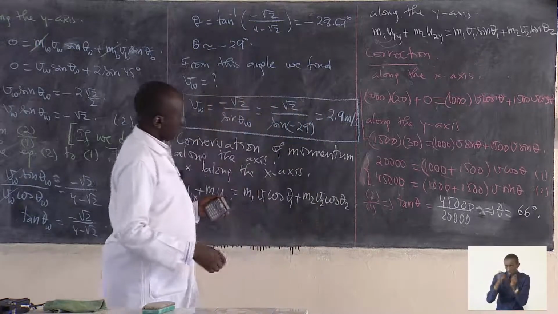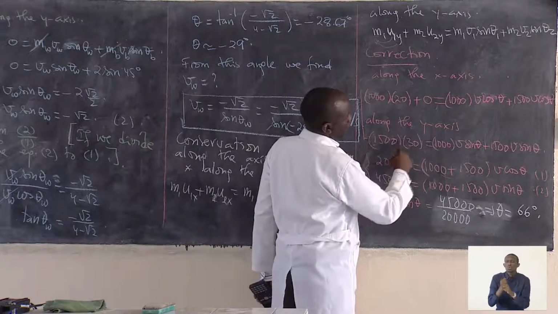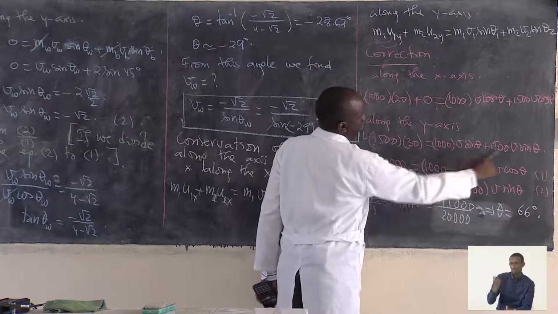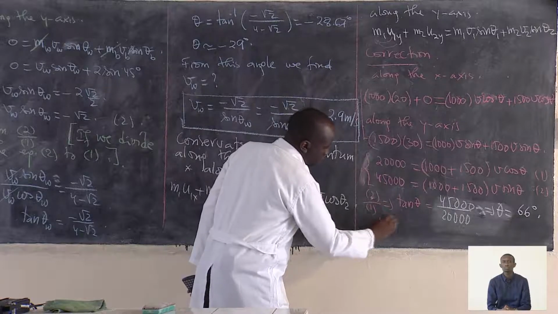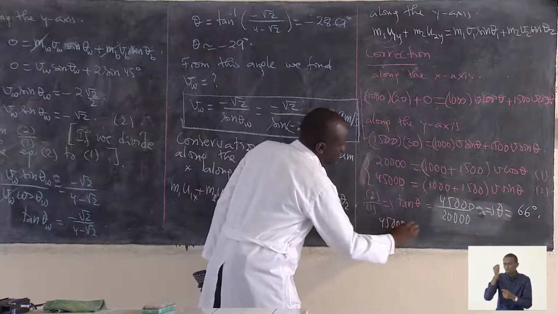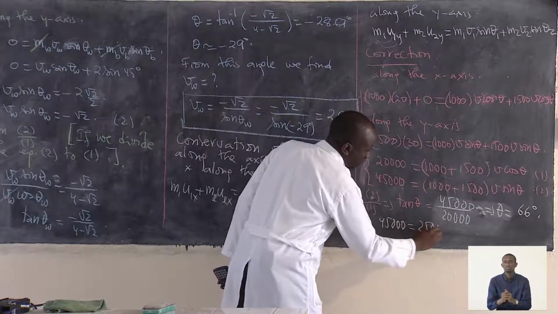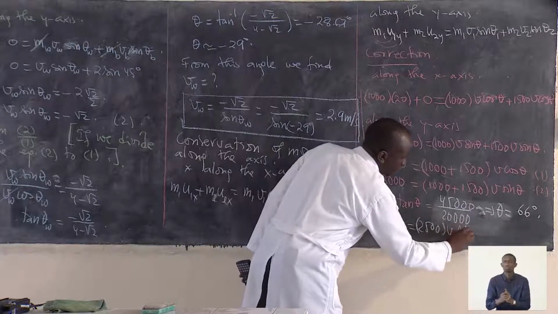So if you want, you can find the speed from this one, where we have a sine, for example, this one. So like having 45,000 equals to the sum, 2,500, then v sine theta.